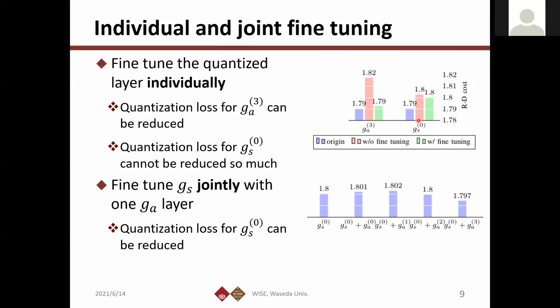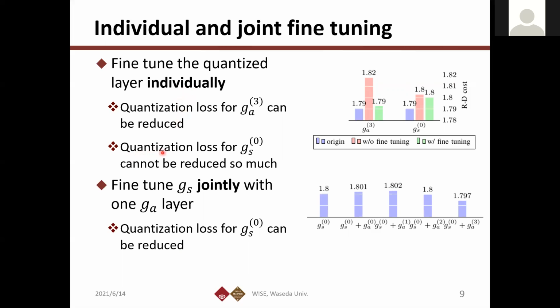However, for the GS0 here, after the fine-tuning, this green bar, although the RD cost is smaller than this red bar, you can still see the result is larger than the origin. Therefore, we can say that the quantization loss for the analysis transform can be reduced by this individual fine-tuning.